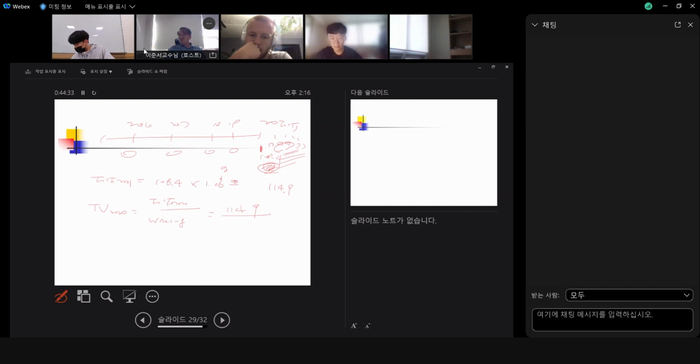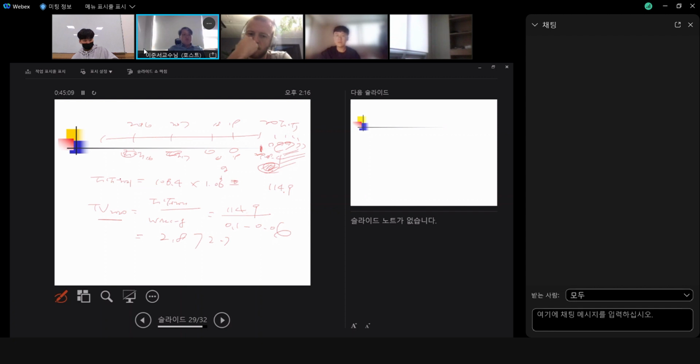Yeah, WACC is 10%, right? Growth rate is 6%, right? So if we calculate this one, it's gonna be 2,872.7. So this is free cash flow 16, 17, 18, 19, 20, and terminal value 2020.